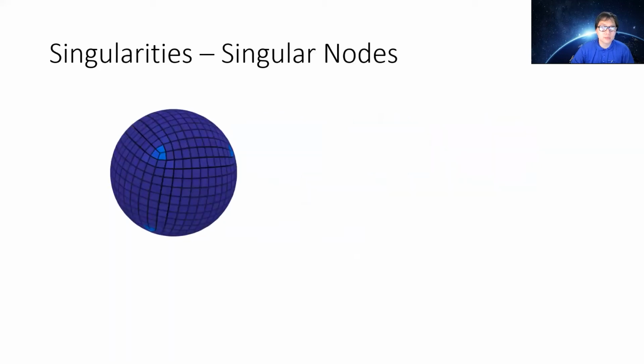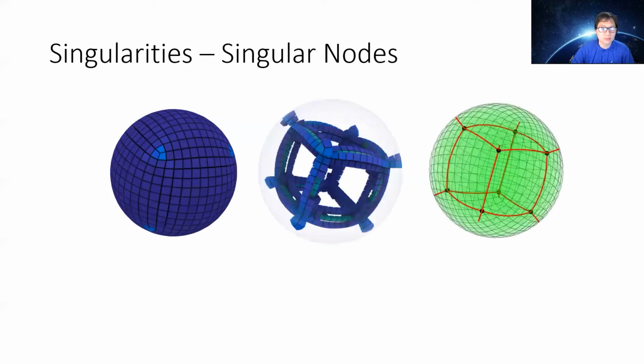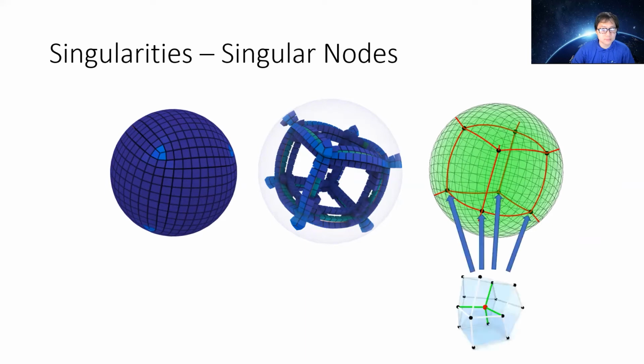So if you look at the hex mesh on the left, since we see a valence 3 singularity on the boundary, we know it must continue on the interior, like so. When the singular curves collide with each other, they form singular nodes, depicted as the black vertices on the rightmost picture. If you were to zoom into each of these singular nodes, they would look something like this.